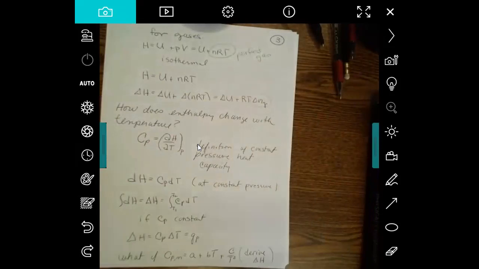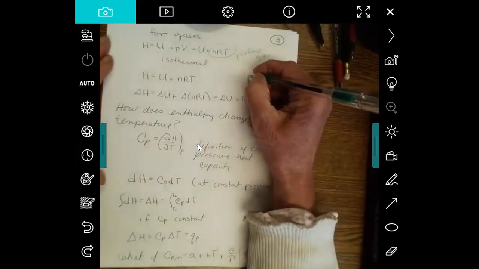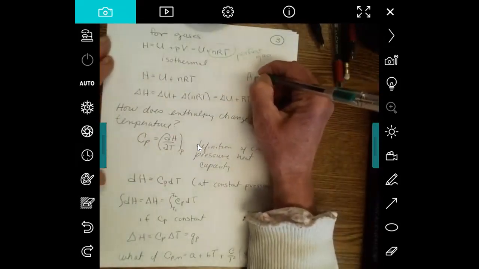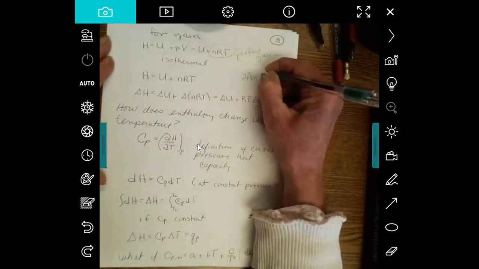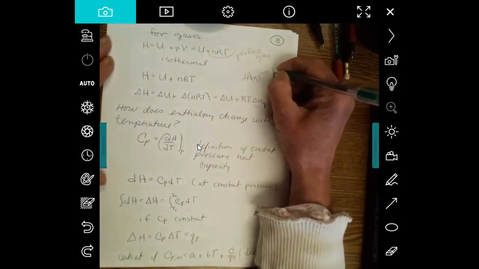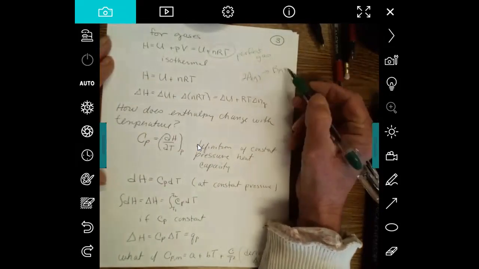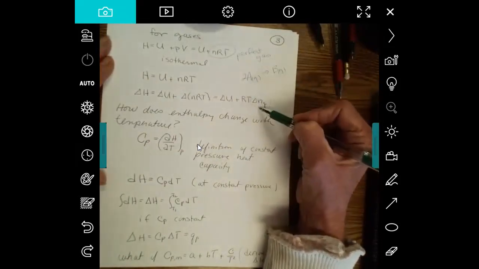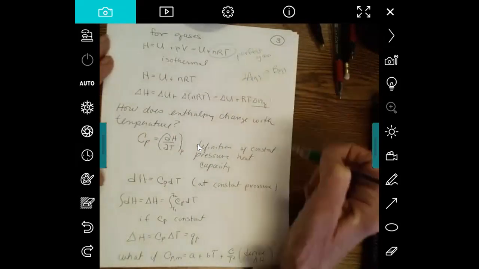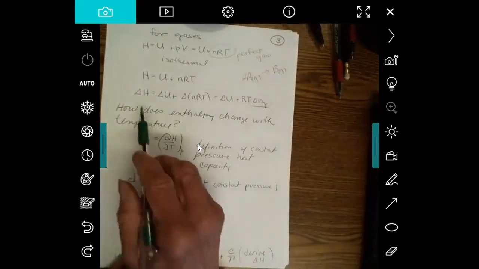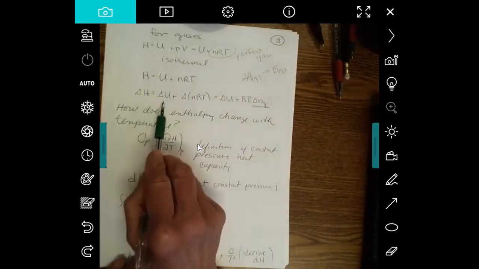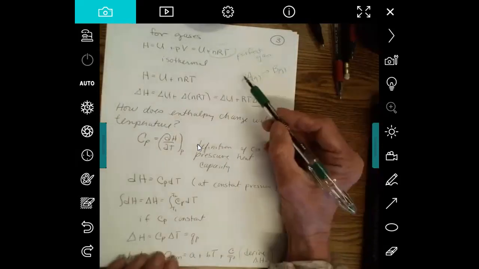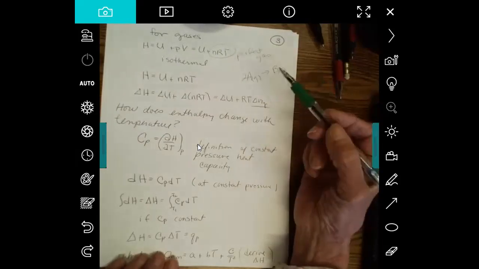So if you have a chemical reaction, for example, where you have 2 moles of gaseous reactant going to 1 mole of gaseous product, then your change in number of moles would be 1 minus 2, so it would be minus 1. So depending on your process, you may or may not have a delta H that's very different than a delta U. If both of these were equal, then they'd be equal to each other.